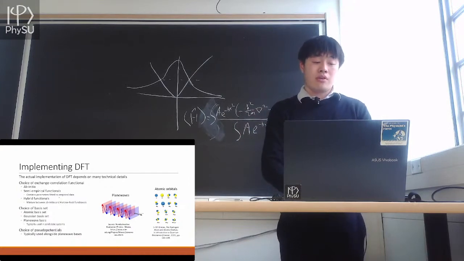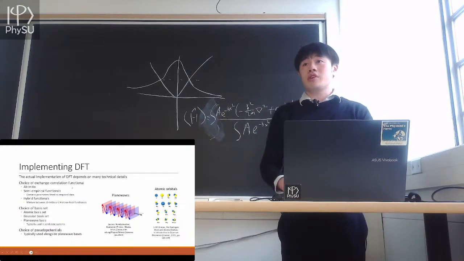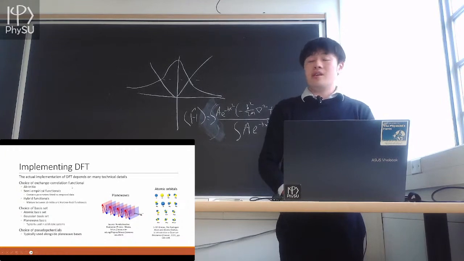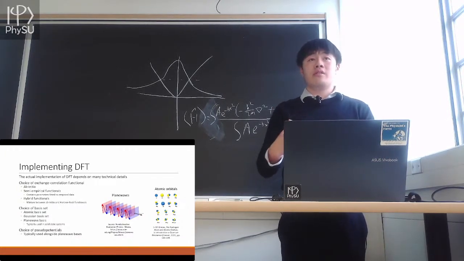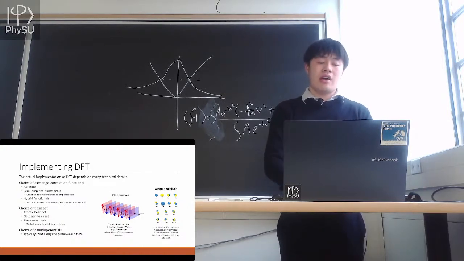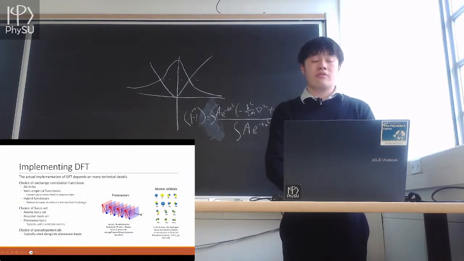There are semi-empirical functionals, which take experimental data and try to fit the functional so that your DFT results match experimental data. And then there are hybrid functionals, which are a mixture between either ab initio or semi-empirical functionals and Hartree-Fock functionals.